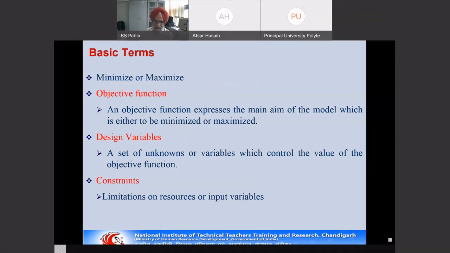So that quantity of plastic which is available as raw material to me becomes a constraint.